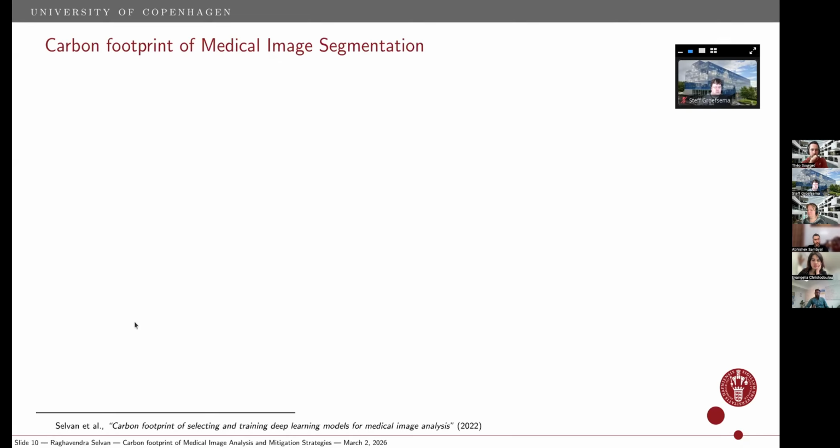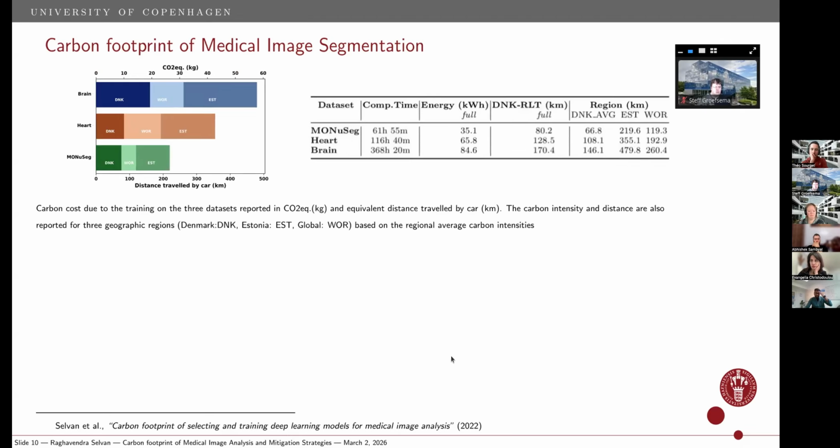Now, of course, we want to use this metric, and we've done these studies across different domains, but I come from a medical image analysis background, so I wanted to do this for understanding what we are doing in medical image analysis. This was the paper that we presented at MICCAI, I think in 2022.